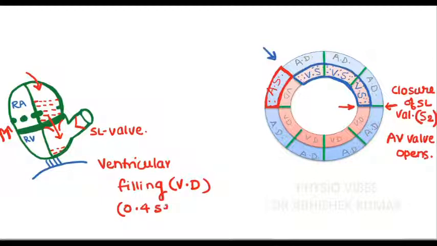In this period, the atrial diastole also continues. It means that ventricle is also getting filled with blood and the atria is also getting filled with blood. It is important to note that as the AV valve opens, blood rapidly flows from the atria to the ventricle.